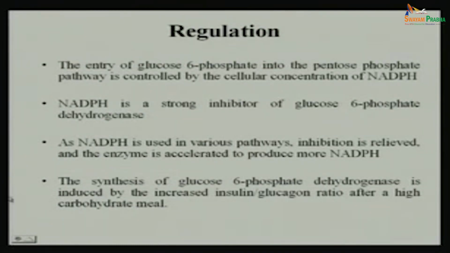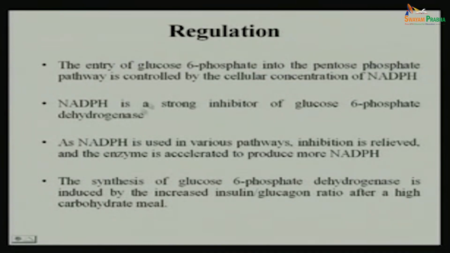Now if we see the regulation of this PPP pathway, we can find that the entry of glucose 6-phosphate into the pentose phosphate pathway is controlled by the cellular concentration of NADPH. NADPH is a strong inhibitor of glucose 6-phosphate dehydrogenase.